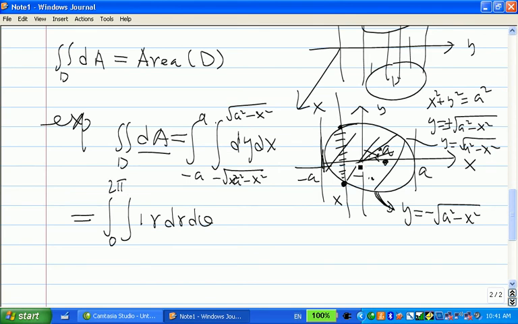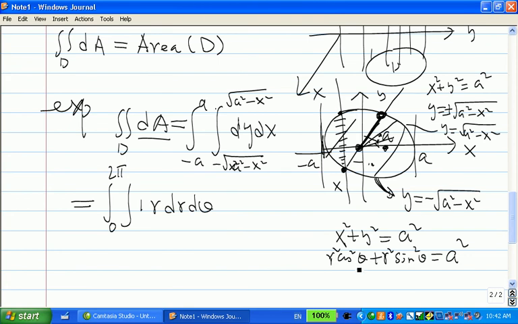Then you fix theta in between. You go there, and your r is bigger than 0 and less than that point. What is that point? That point is on the circle. The formula for the circle is x squared plus y squared equal to a squared. Replace x by r cosine theta and y by r sine theta, so you get r squared cosine squared theta plus r squared sine squared theta equal to a squared.